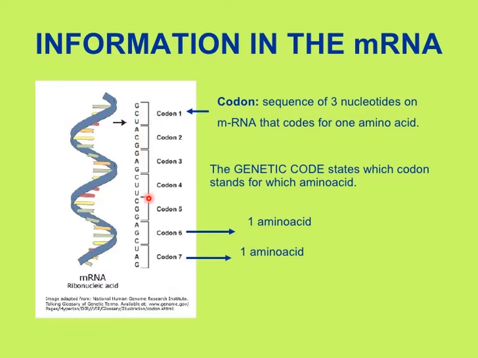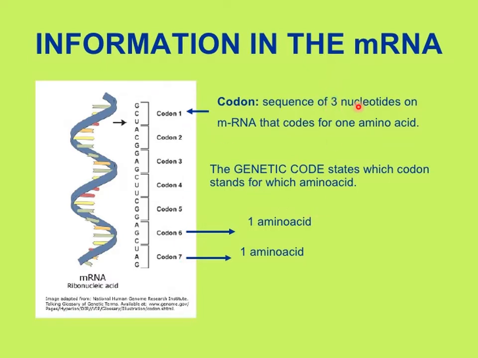In this way, this genetic information is in the form of codons. You can see here this linear sequence shows 7 codons. So all these different 7 codons code for different amino acids.